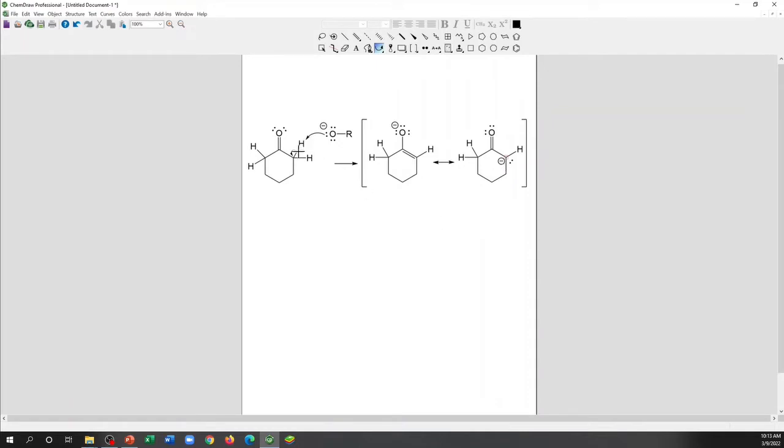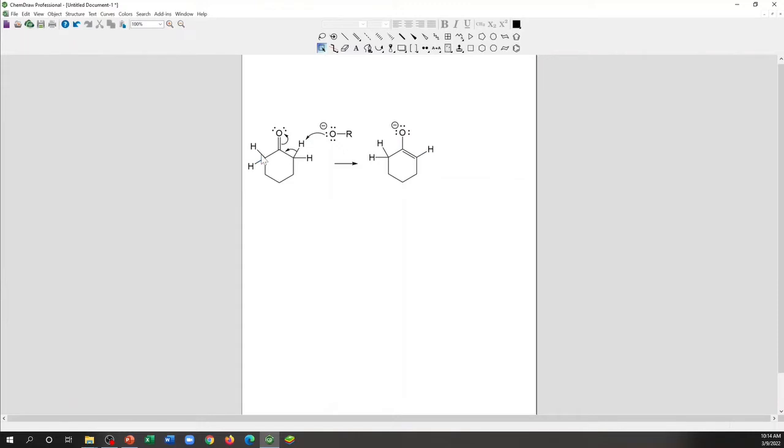The laziest possible correct mechanism is to just leave those electrons hanging there at the alpha position, because that is another appropriate resonance structure. Most of the time, I will show the formation of the enolate. So I'm going to go back here in my mechanism and leave it at the enolate. I'm going to get rid of this resonance structure, but occasionally you'll see the carbanion show up, and that's perfectly acceptable. This is the more common way of showing this.